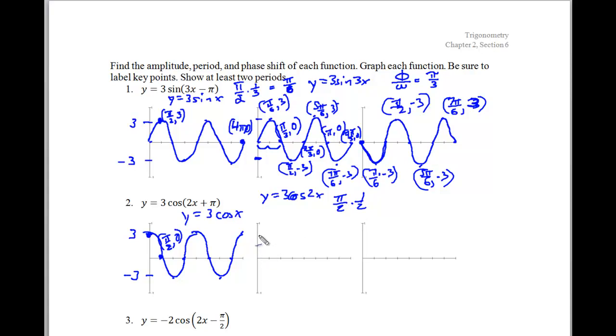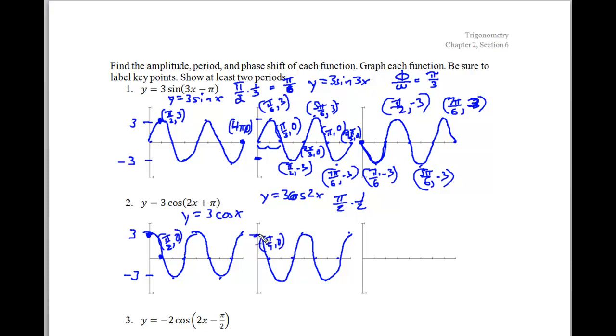So every single unit, even though the picture is going to look exactly the same as before, every single unit is half as big because we're going twice as fast, raising the pitch of a note in similar fashion. There we go. So it's the same picture, but instead of this being pi over 2 comma 0, this is pi over 4 comma 0.